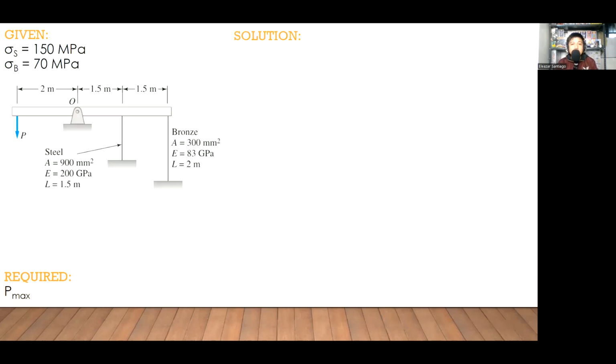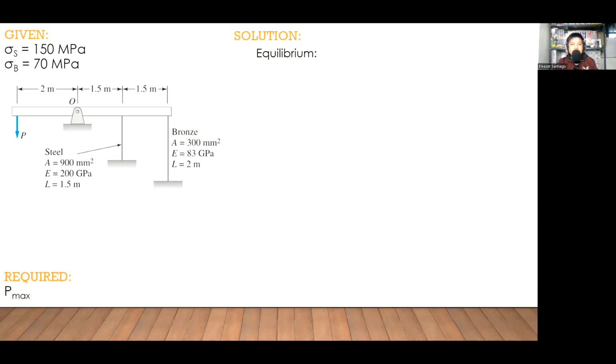So the summary of our given as well as our sole requirement, that is Pmax, are specified at the left side of the screen. For our solution, for the first process, we will consider the equilibrium side of our analysis.